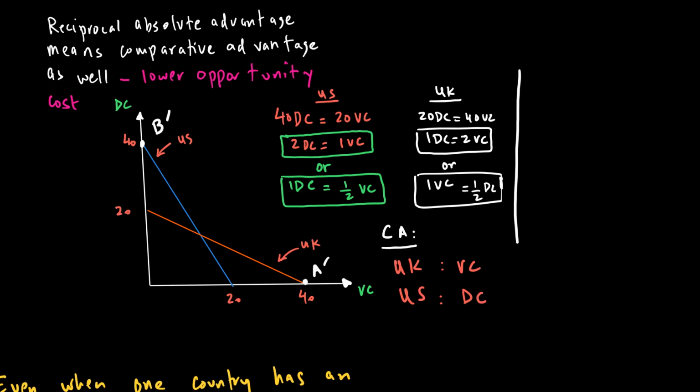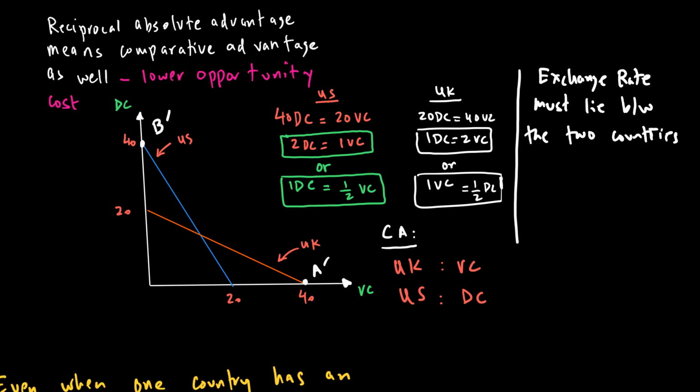So what exchange rate should we have chosen is the next question we need to ask. And the answer is, the exchange rate that we choose is the one that lies, let me write this, exchange rate must lie between the two countries' opportunity cost.